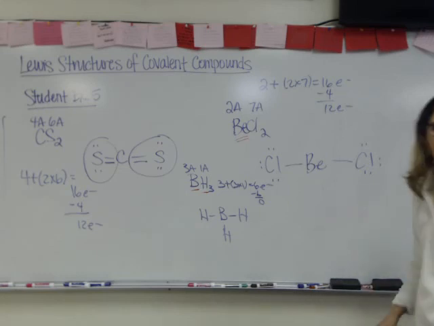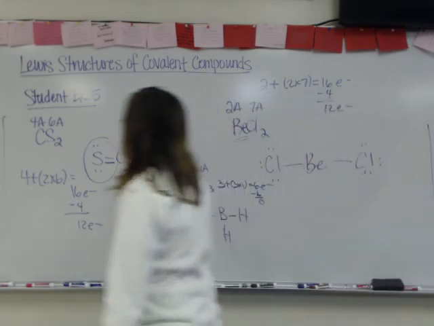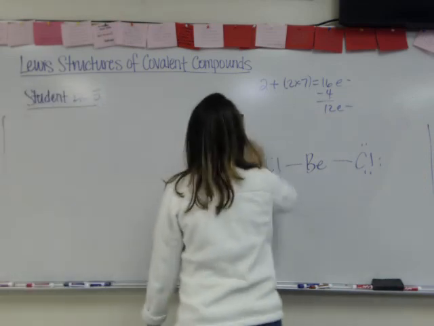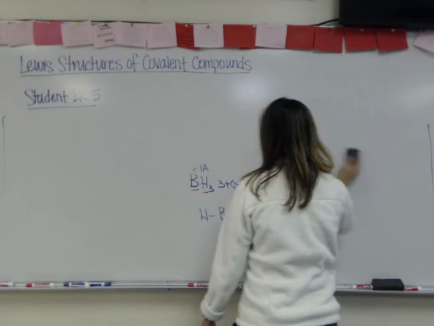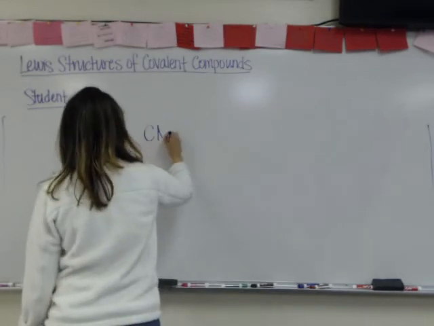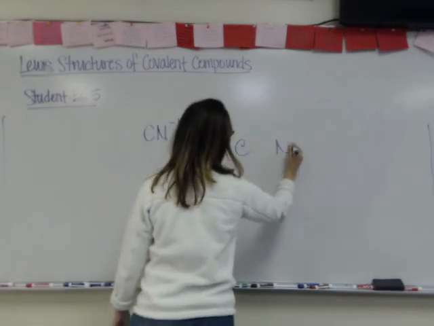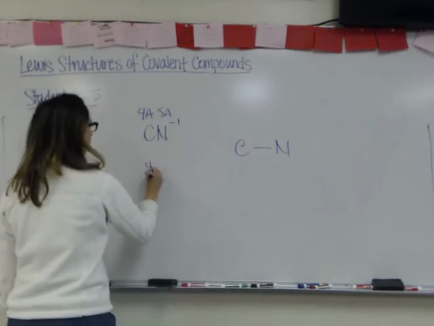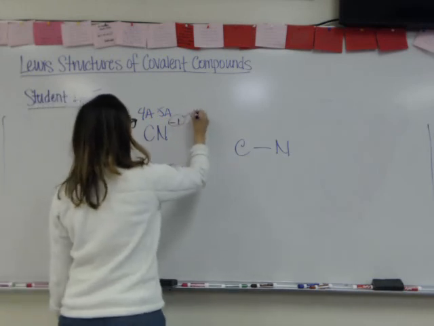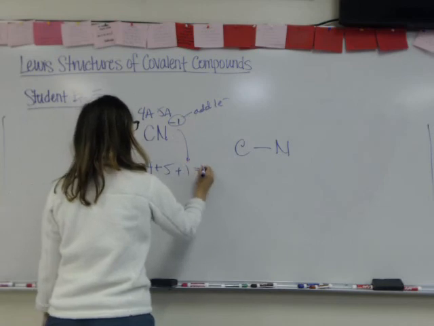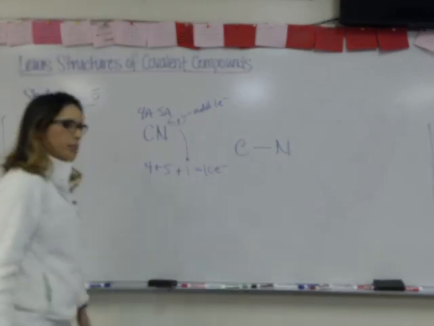Then you have CN negative 1. C goes next to N, connected with a single bond. 4 plus 5, we're going to add 1 electron because of the -1 charge. I have 10 electrons to deal with.